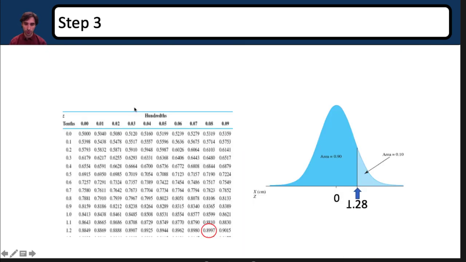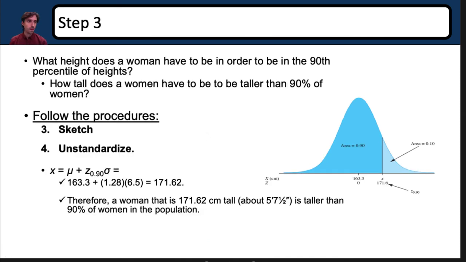Let's see what that looks like on the graph. This area under the curve shows that at 1.28, this area is the 10th percentile, this area is the 90th percentile. So now we're just sketching it out. There's a smaller version of what we looked at. We had 1.28, voila.